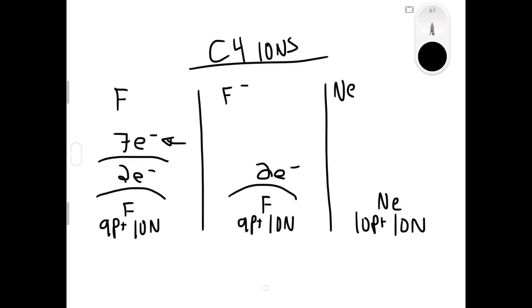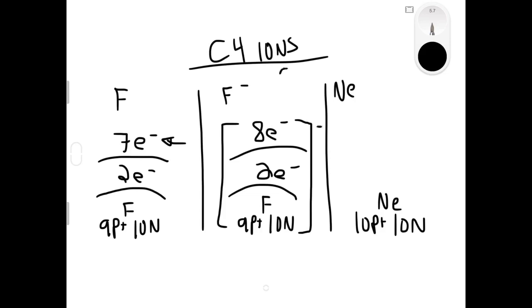So we have 2 electrons at first, and then what we like to do is gain an electron from something like a sodium atom to have a nice full second energy level of 8 electrons. Again, to complete this diagram, we want to draw square brackets around it. And then on the upper right-hand side here, we just want to put a negative symbol to display that we do have a negatively charged ion.